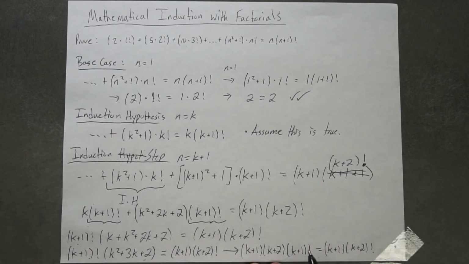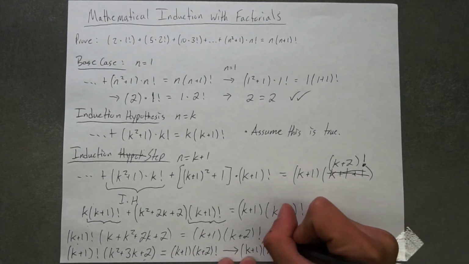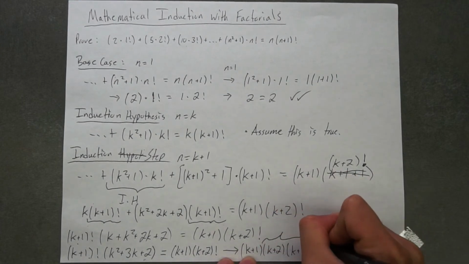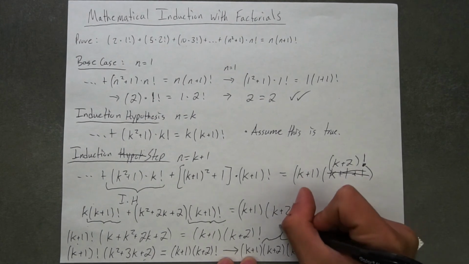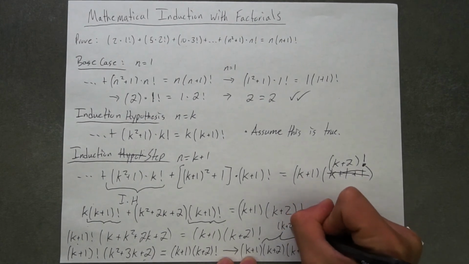So now we can see that this k plus 2 times k plus 1 is actually equal to this k plus 2, and this k plus 1 factorial is equal to k plus 2 factorial.